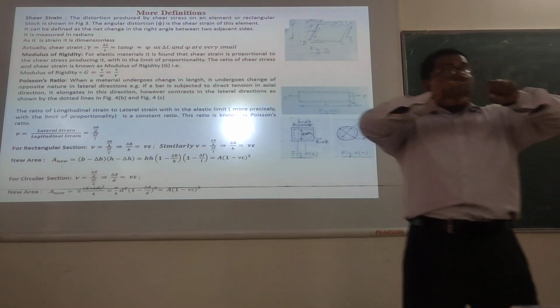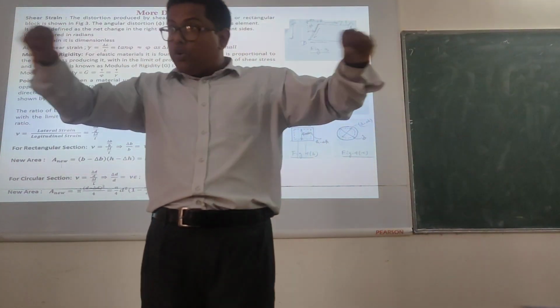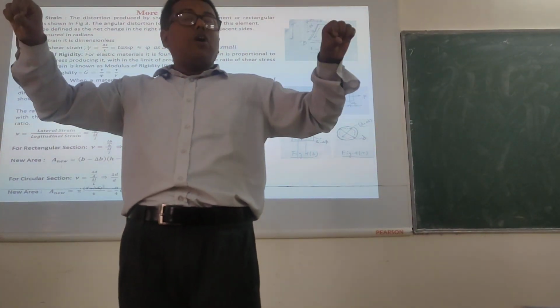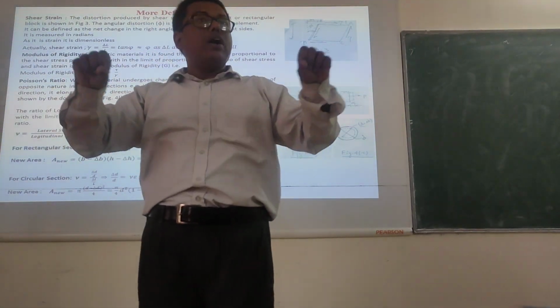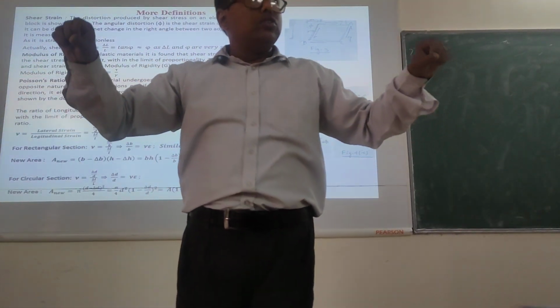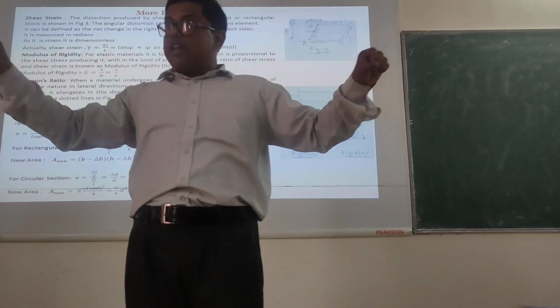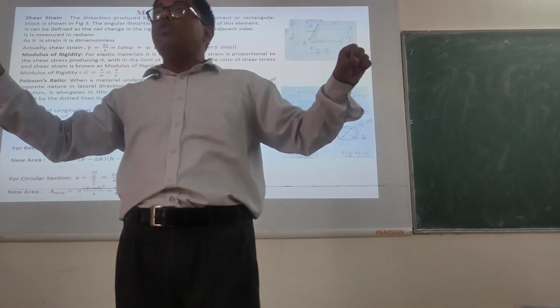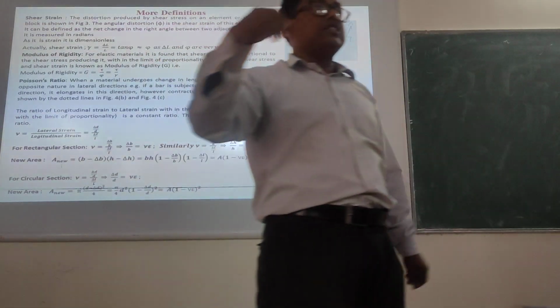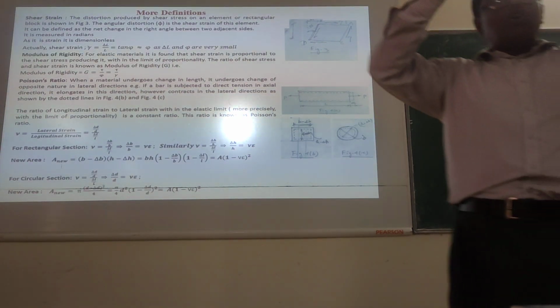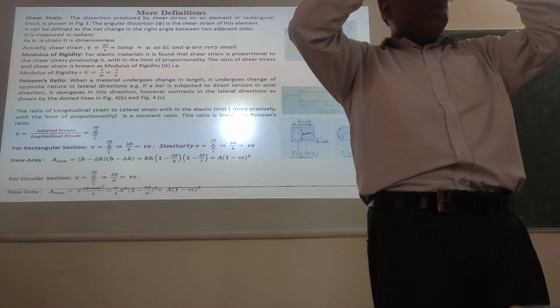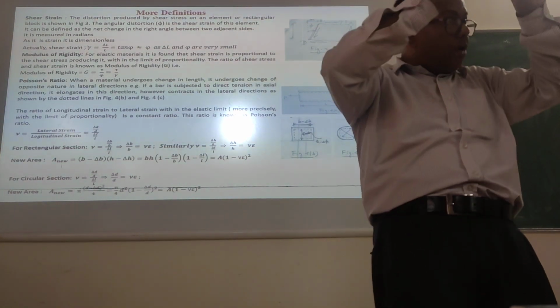So when a body is put under a longitudinal force, or let's say direct tensile stress or direct compressive stress, what happens to the body? There is an extension, and because of that there will be longitudinal strain, which is nothing but delta L by L. Because of the longitudinal strain, there will also be a little shortening of the lateral dimension.